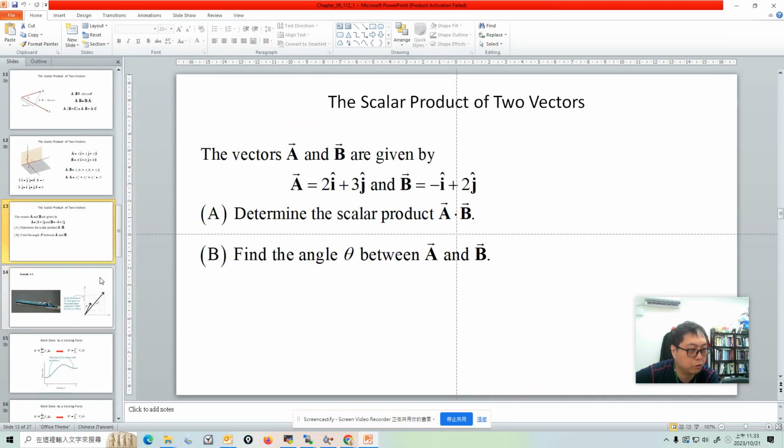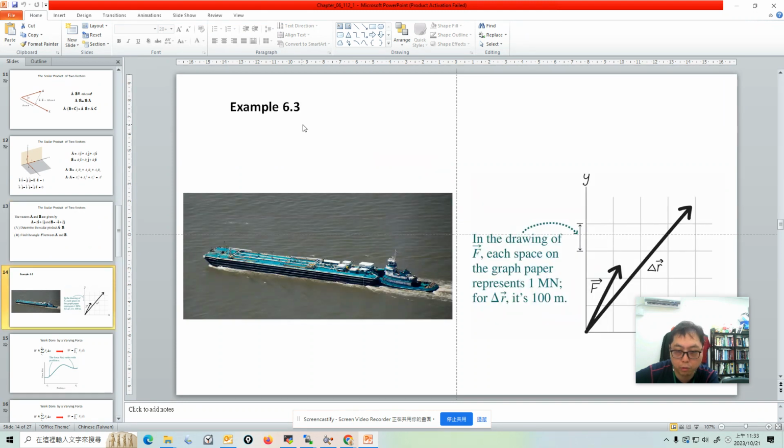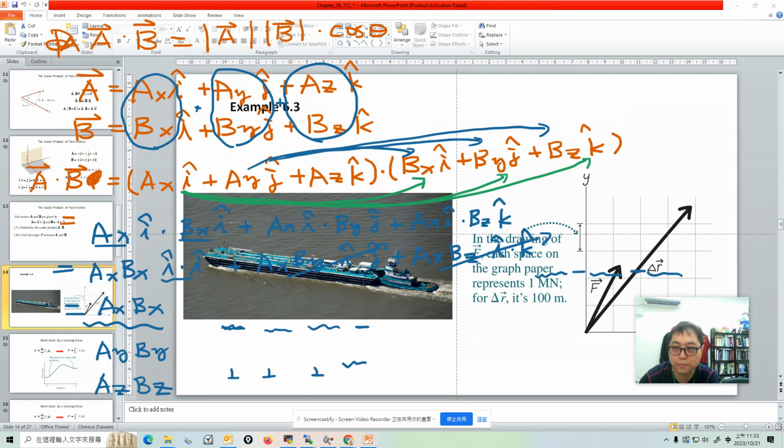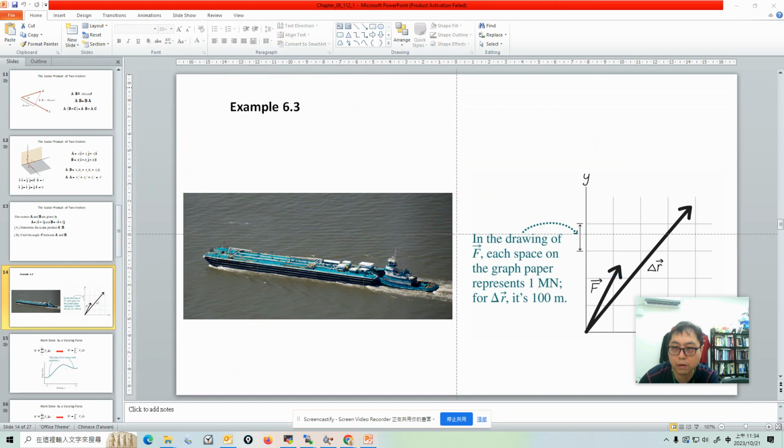This is example 6.3 from the textbook. It says that there is a tugboat. It's this one.